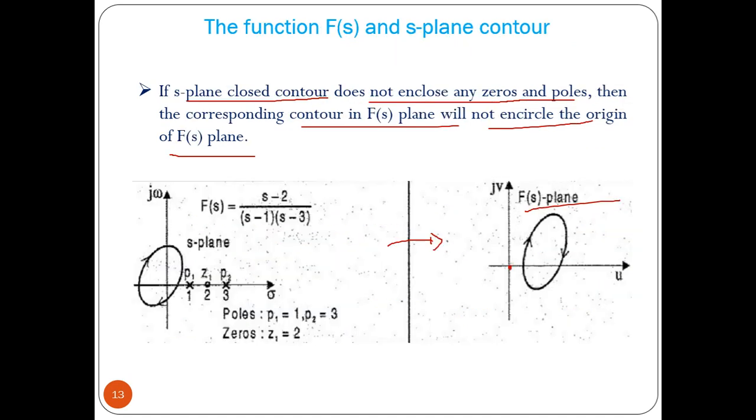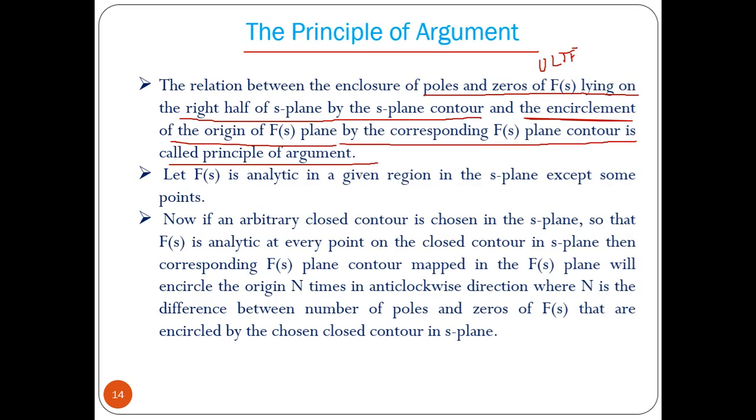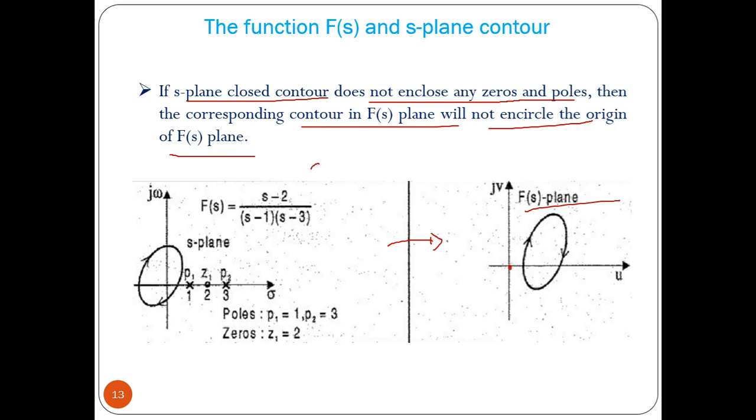That means this is the argument actually. But it said that we have to find out the relation between the S plane and the F(s) plane. What is the relation?